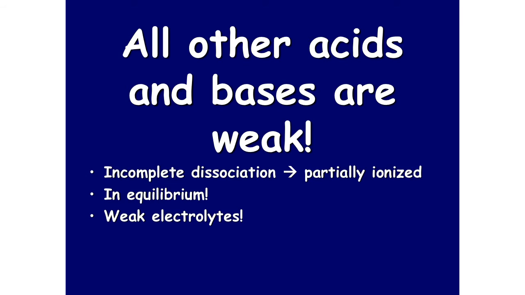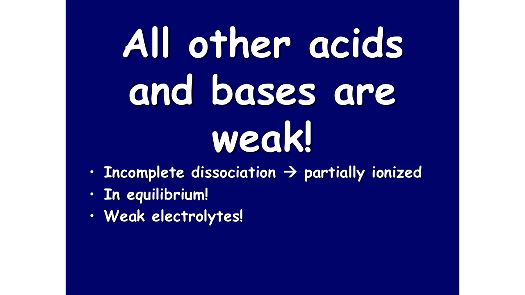So if we have an acid or a base that we know is an acid or a base, and it's not one of those strong ones, it will be a weak electrolyte. So if we have something like acetic acid or hydrofluoric acid, HF, it's not one of the 7 strong acids.